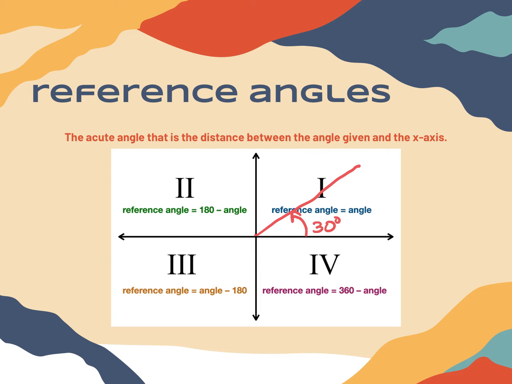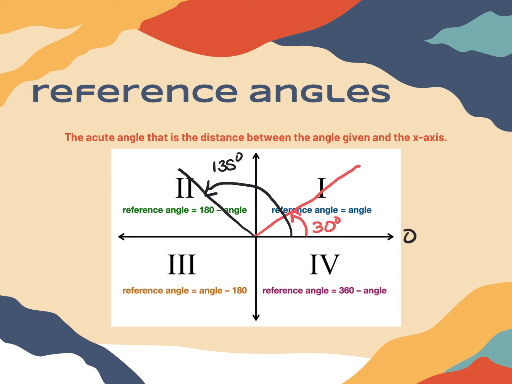Now, if I were to draw an angle that ended up in quadrant 2, let's say a 135-degree angle, I would start here at 0, come around, and this could be my 135-degree angle. To find its reference angle, I'm trying to figure out how much it would take to get back to the x-axis.